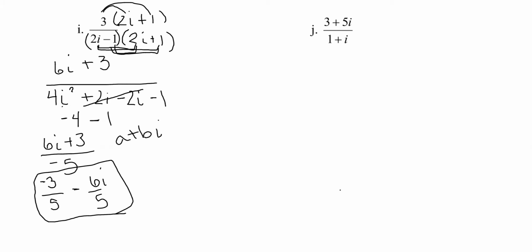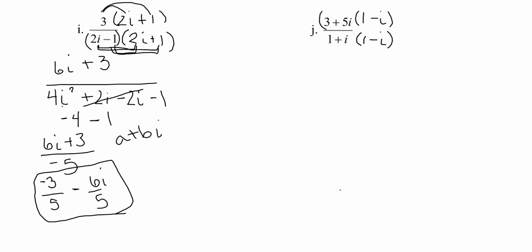All right, we have one last one where we're going to do the same thing that we did with I. And we're going to multiply the top and the bottom by the conjugate to 1 plus I. So it's going to be 1 minus I. And I'm going to go ahead on the top and FOIL.